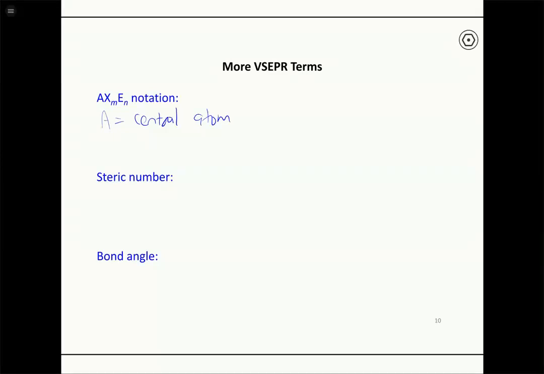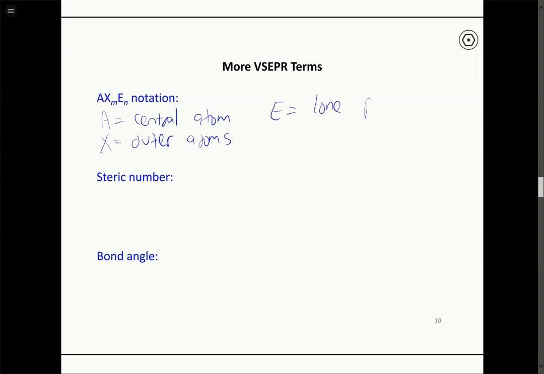If you have larger molecules, then the shape is more complicated, obviously. In the AXE notation, X is going to be one of the outer atoms that's bonded to the central atom, and that's going to tell you how many outer atoms there are. E are going to be any lone pairs that are on the central atom. And then M and N, these little subscripts here, are going to be coefficients that tell us how many of each we have.